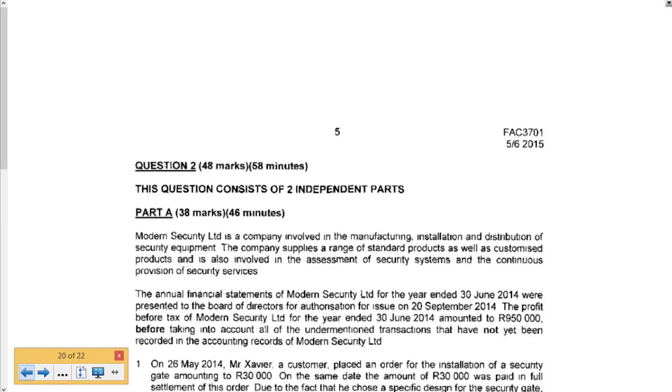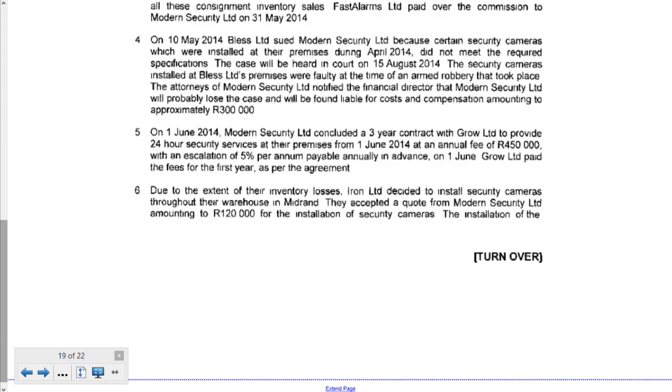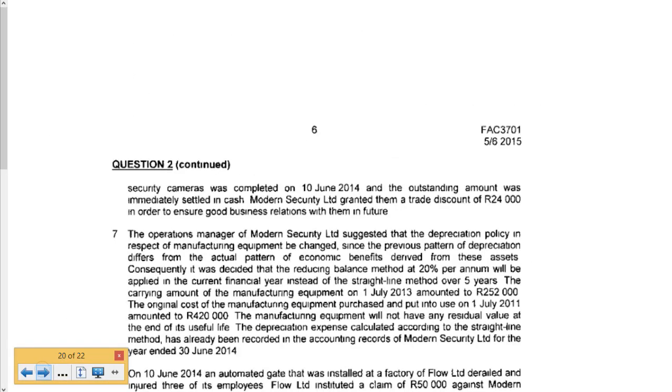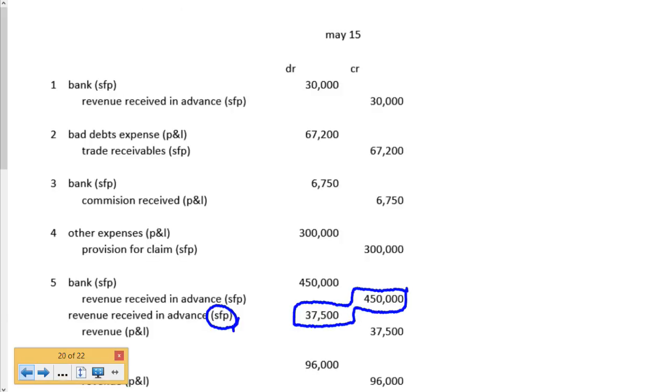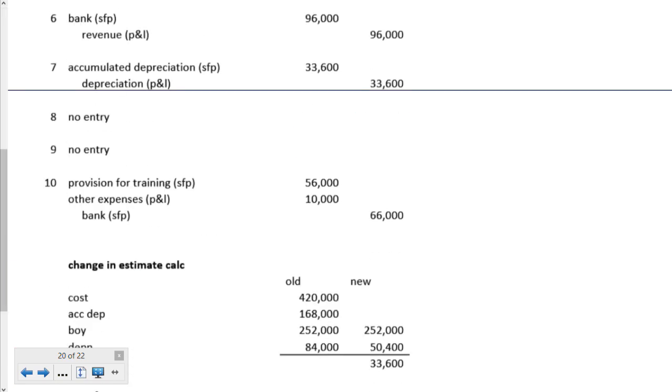Let me just read what it says about that computer software. For the training courses of the new computer program, and 18,000, it's not a computer program, 18,000 for a motivational speaker. Okay, that's why I put the whole 10 to P&L. Okay, so this 10 that went into P&L, you could have, I suppose, put it in as going two different ways.